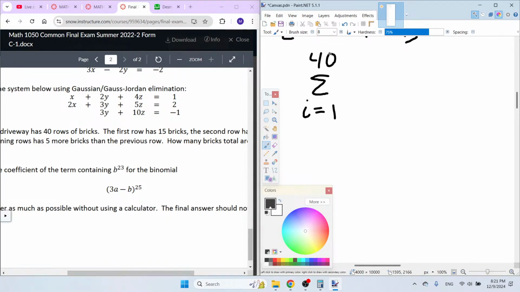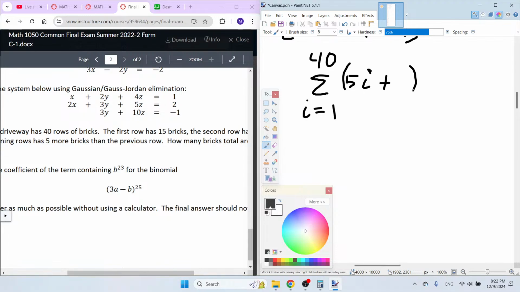There are 40 rows of bricks. The first has 15, and each row has 5 more than before it. So 5 more than the row before it means we have a 5i plus something as our term in this series.